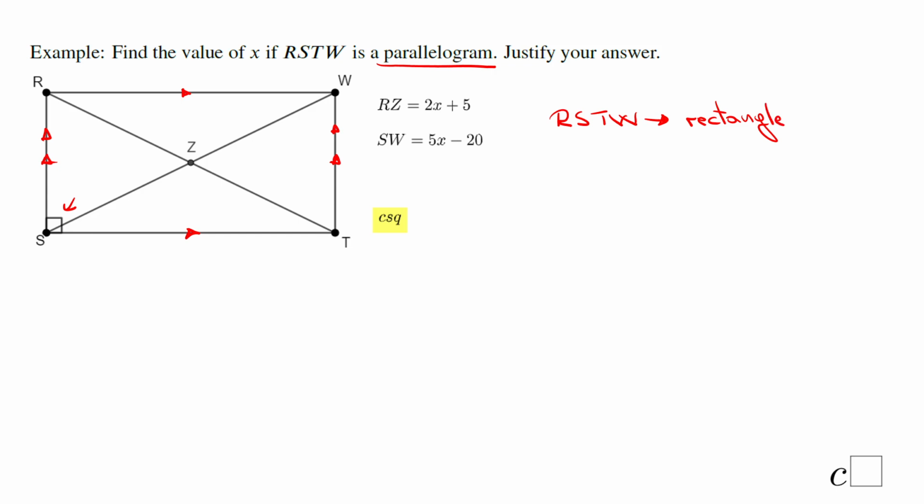So what do we know about a rectangle? We know a bunch of things, but we're looking now here. RZ, it's this piece, and SW, look at here, it's these two pieces, which are the same as RZ. In fact, let me say this, RT is congruent with SW.